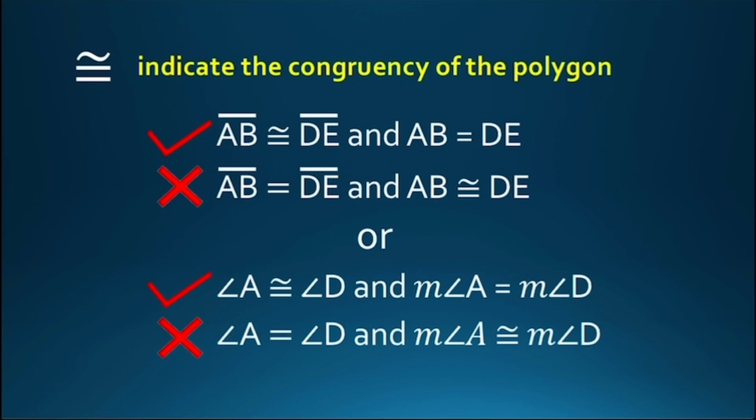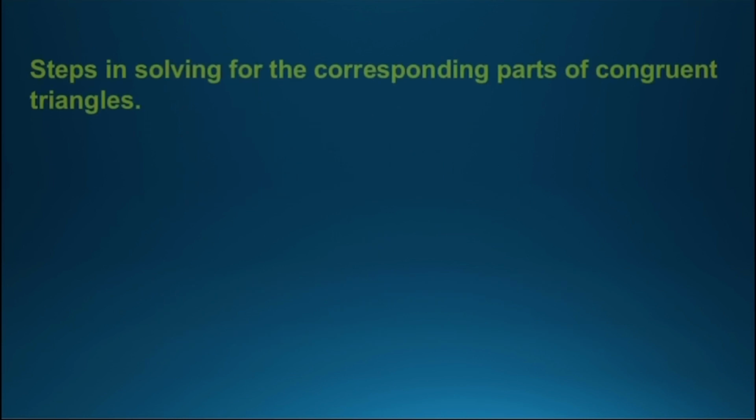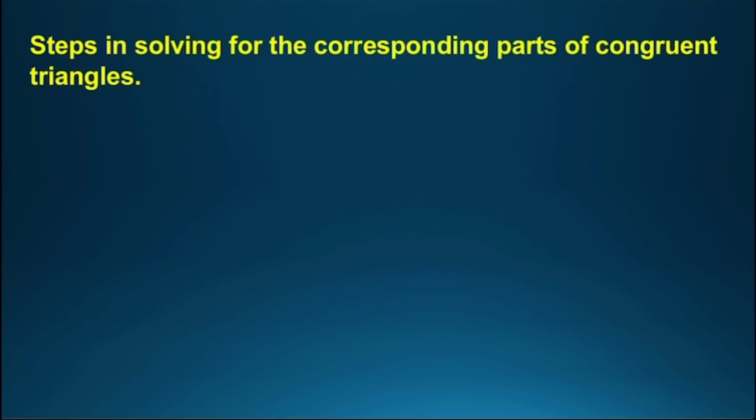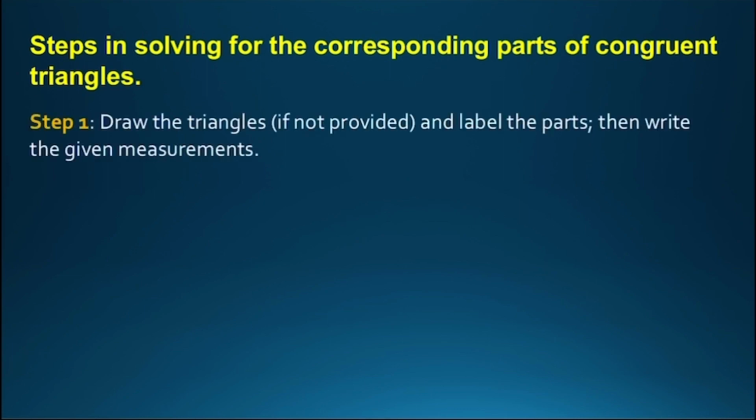Before going through the examples, let's read first the steps in finding the missing parts of congruent triangles. What are the steps in solving for the corresponding parts of congruent triangles? For step 1, draw the triangles if not provided and label the parts, then write the given measurements.